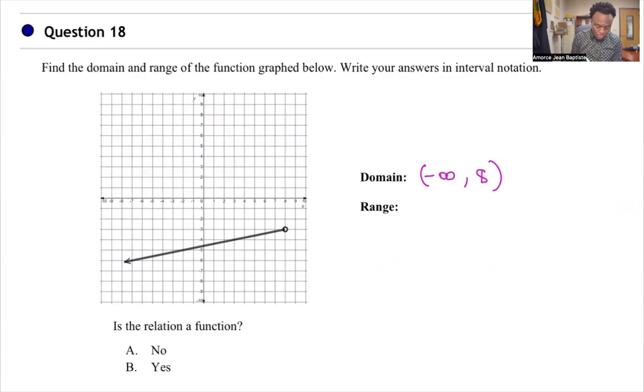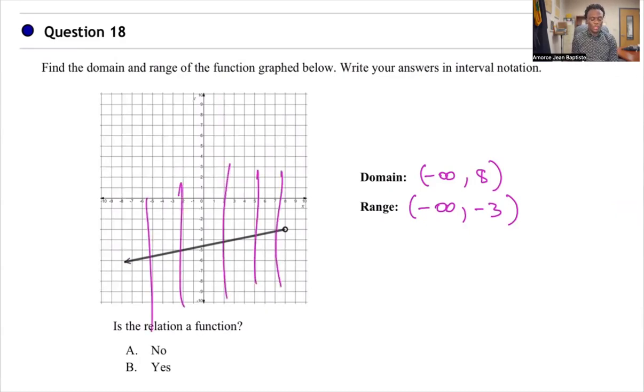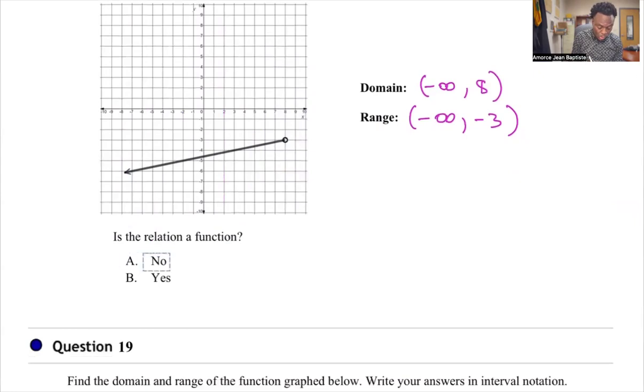And then the range is how far it's extended over the y. It goes down forever, so that's negative infinity. It goes up, but stops at y equals -3 with an open circle, so parenthesis. All vertical lines will touch this only once, making this an actual function.